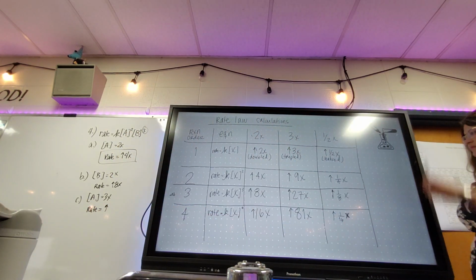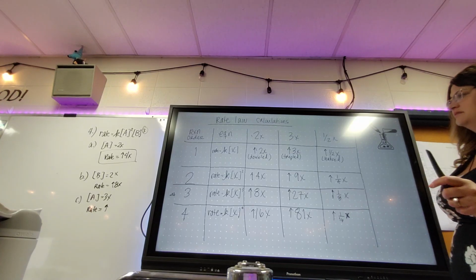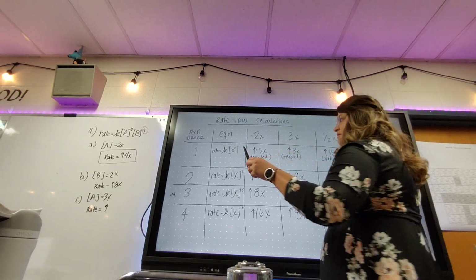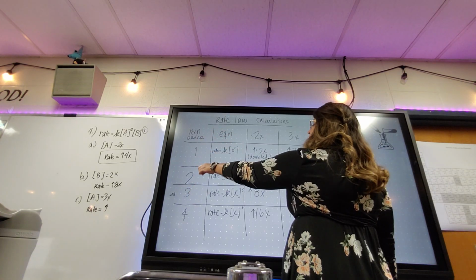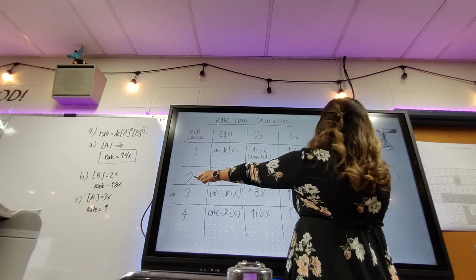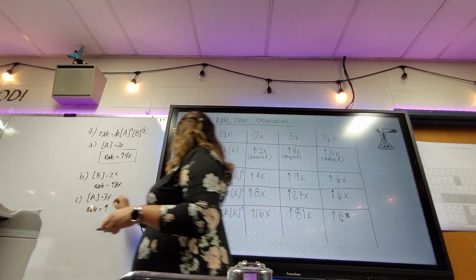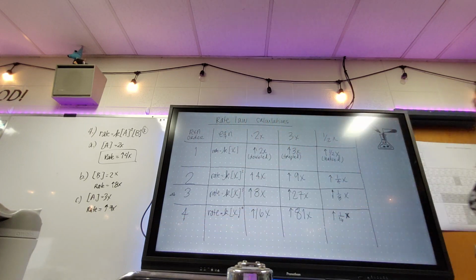It's not 27. What is the reaction order for A? Which row of the table are you on? Second down. Yep. And so if we're going to triple it, that should be increased by 9x. Thank you for making that mistake, Joseph.